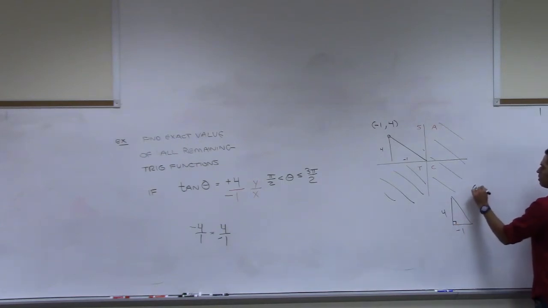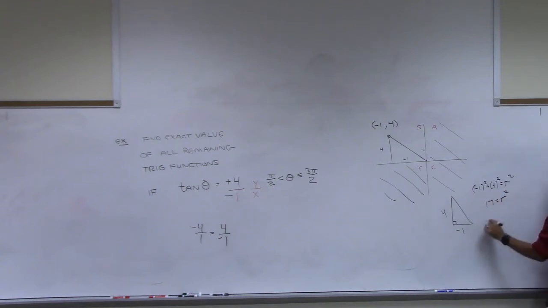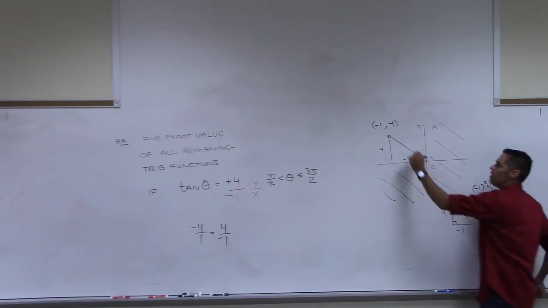So I know negative 1 squared plus 4 squared is r squared. So this is 17. So root 17 is r. Square that, add them together, take the root. Now r is always positive. That's the good news. So this is root 17.